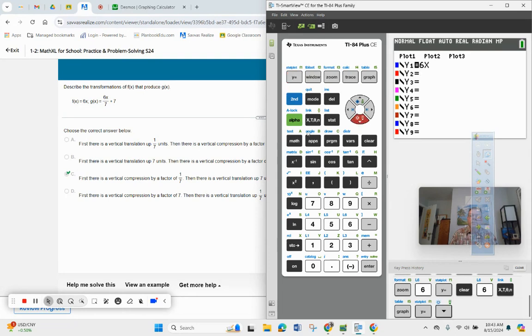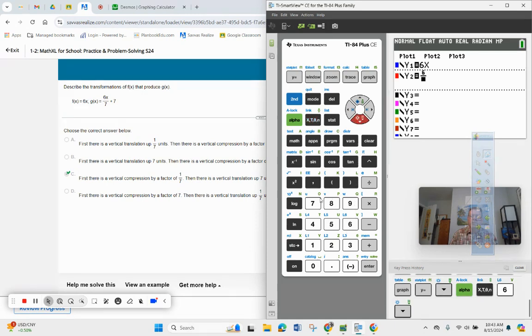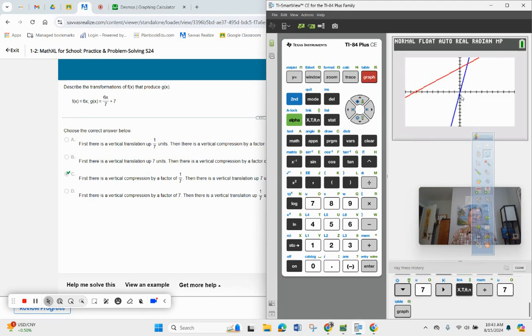So we got 6 over 7x plus 7. Lines are a lot harder to see, but it did go up 7. And then if you were to push down on that, it would flatten out some. Okay, so that's interesting.